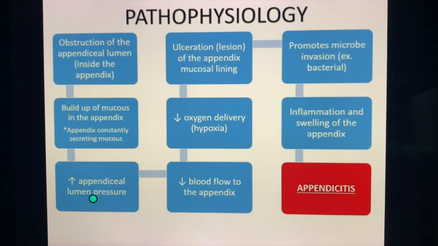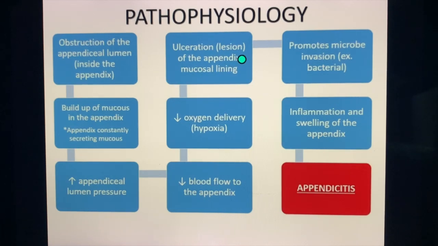This increase in the pressure causes ischemia. Decreased blood flow to the appendix now results in hypoxia, or decreased oxygen delivery, and this hypoxia leads to the ulceration of the appendiceal mucosal lining.